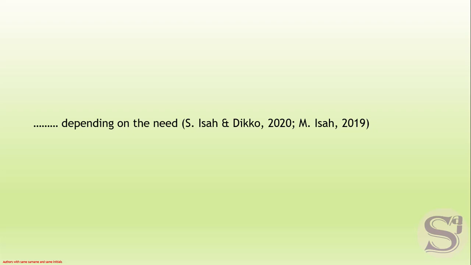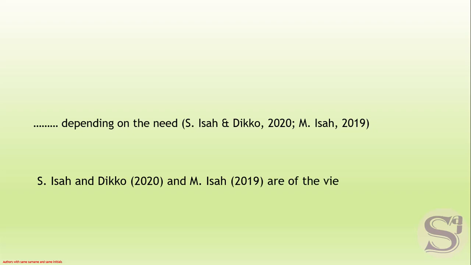You can see these are two different persons, S. Isa and M. Isa, because in order to clear ambiguity in citation, we need to bring in the initials of the two authors so as to separate them, to tell the audience that these two authors are different. Now we can also put it in this form, in the narrative style.